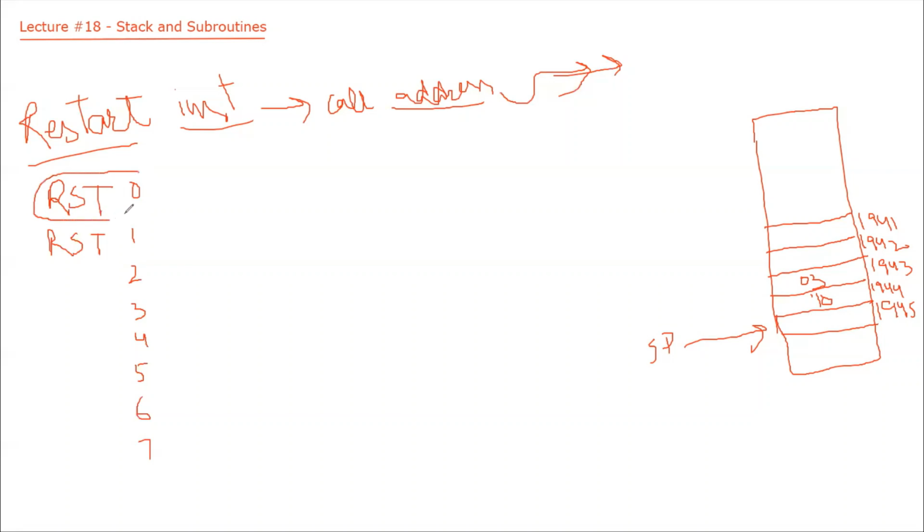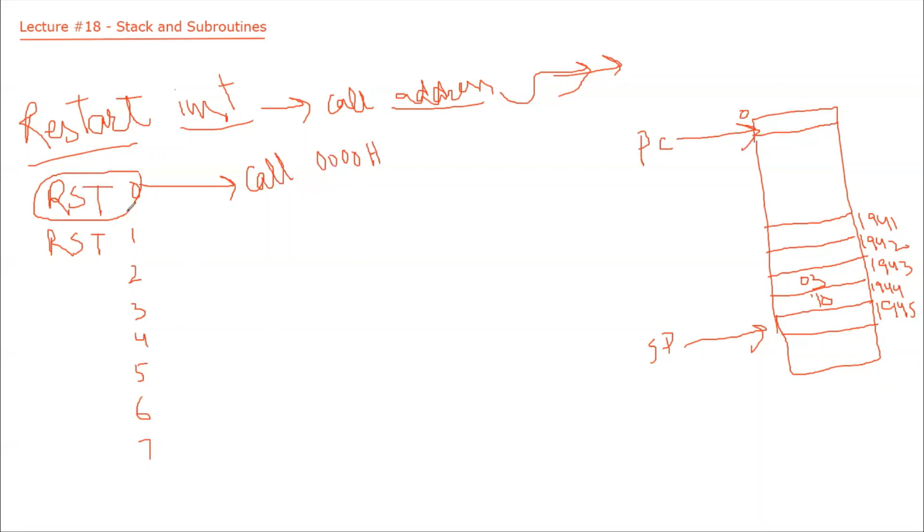When this instruction is executed, internally we are executing CALL 0000H. That means our program counter starts from this particular location, which is the first location. So our program counter will be updated.